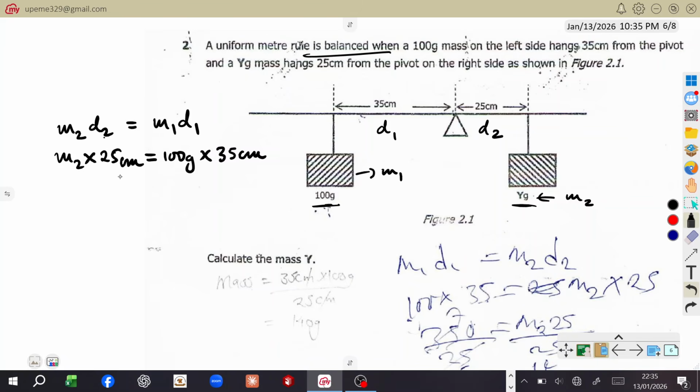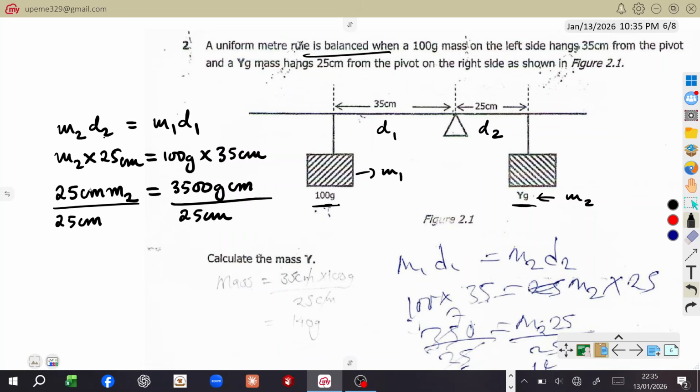So 25 centimeters times m2 equals 100 grams times 35, which is 3,500 grams centimeters. Then you divide by 25 centimeters, also on this side 25 centimeters. So that one goes, and we remain with m2.